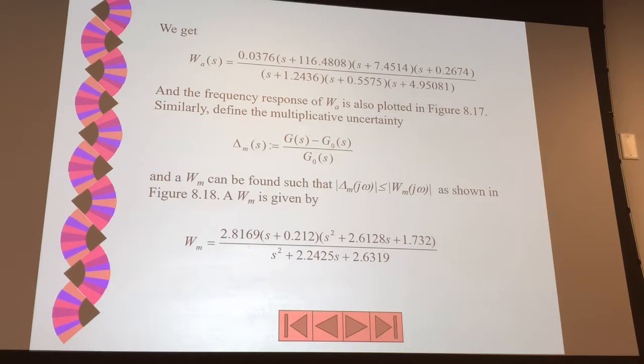So in this case, you can simply generate a weighting matrix WA like that, and you can plot the WA. You can also do an uncertain delta. This is called a multiplicative uncertainty, delta M. You can do WM.